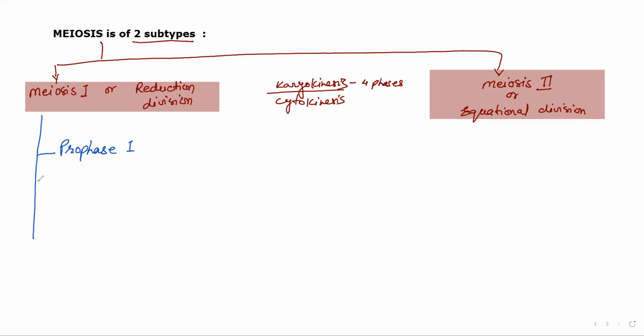They are prophase 1, metaphase 1, anaphase 1, and telophase 1.